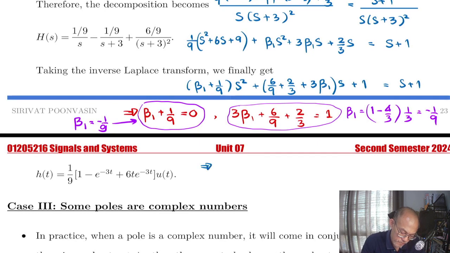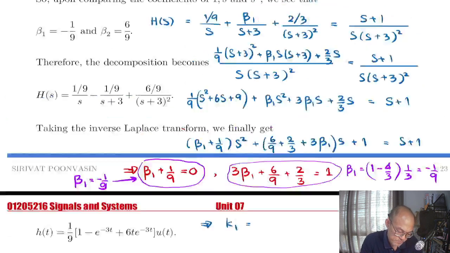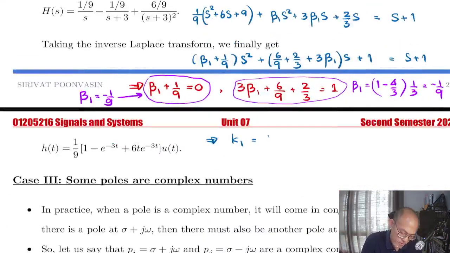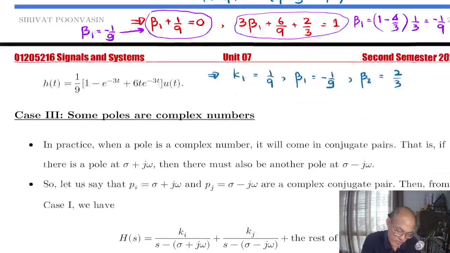So I have k1 equal to 1/9, beta 1 equal to minus 1/9, and beta 2 equal to 2/3, right? Yeah, 2/3.